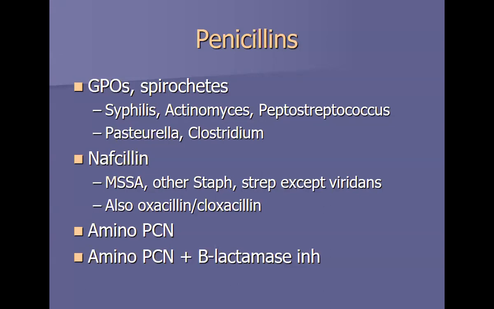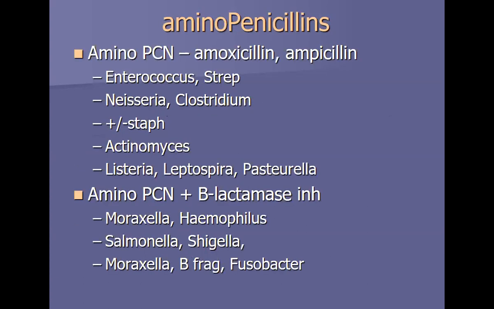And then with the beta-lactamase inhibitor, that's with sulbactam. So those have good activity against Enterococcus. And again, some of the gram-positives and some gram-negatives. And some of these with the beta-lactamase inhibitor have pretty good anaerobic activity.